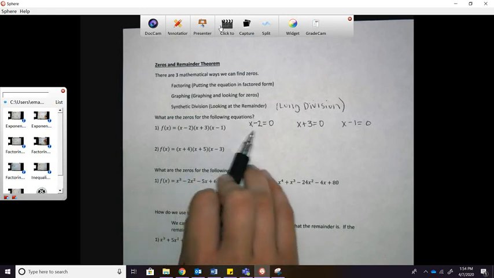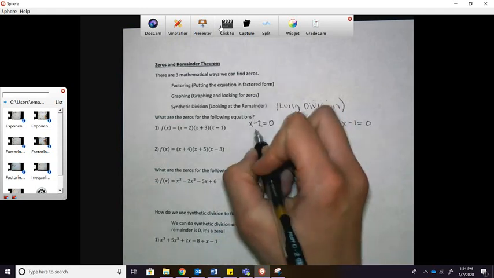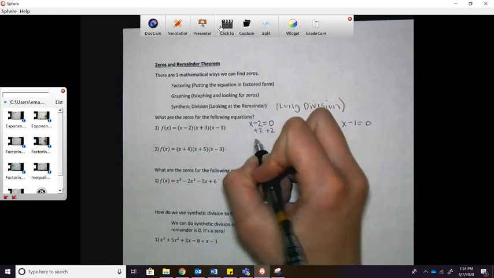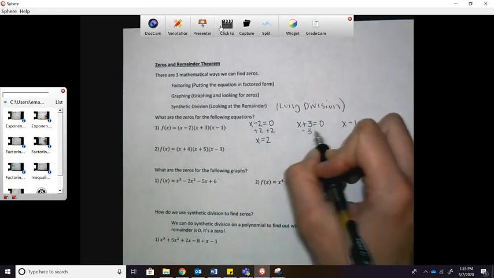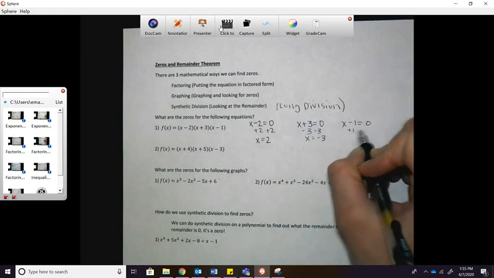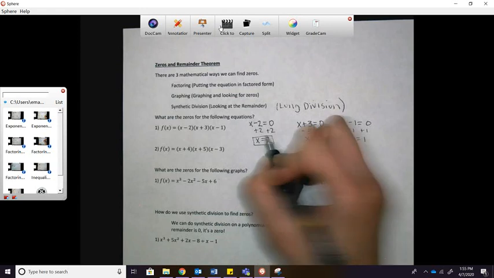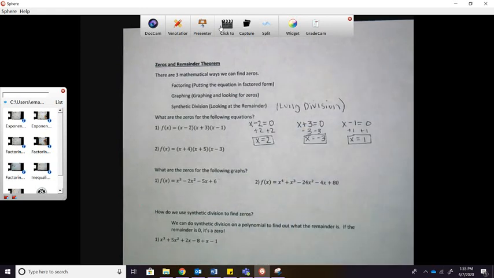So we have three different places that this graph is going to create 0. So if we solve these equations, we're going to get 2, -3, and 1. And of course, these are all three separate from each other, but all important at the same time. So we have three different zeros here.